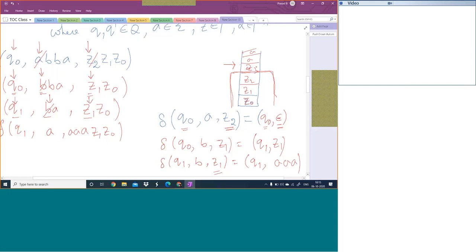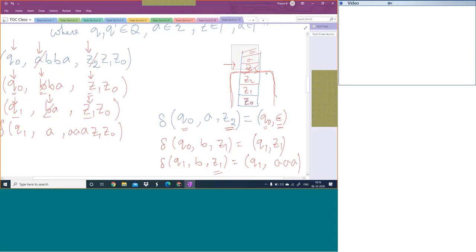We can add any number of symbols on top of Z3, or by deleting Z3 we can add one or more symbols, but we cannot touch any of the symbols below the Z3. Means in this particular transaction, can I delete Z3 and also delete Z2? No, it is not possible. You cannot touch the Z2, or replace Z2 with any other symbol. You can do anything with Z3, but you cannot touch the symbols below it.